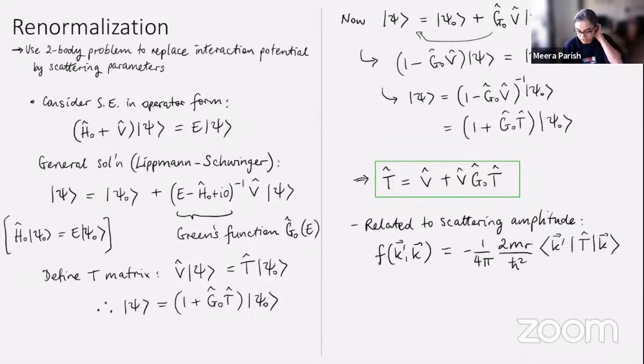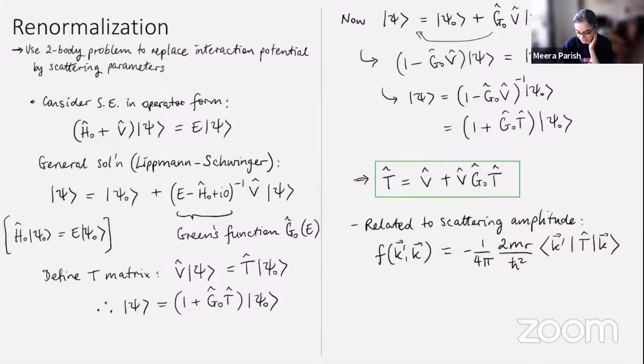Okay, so previously we derived this. I derived it in the S-wave case, where, as I said, we're only interested in the magnitude of K. We don't actually have to worry about the angle between these incoming and outgoing waves. That's directly related to this T matrix that we just derived, which in turn we can write in terms of some underlying interaction potential V. Okay, so that's what I wanted to get.